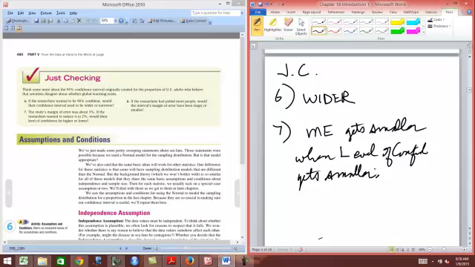They're directly related, okay? Why? Because it's z star times the standard error. They directly vary, direct variation.